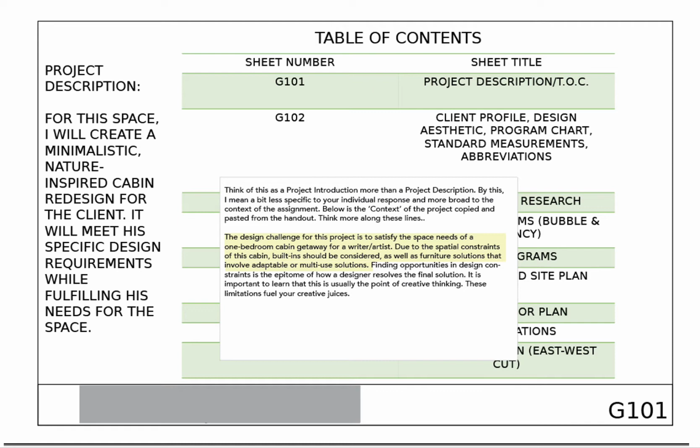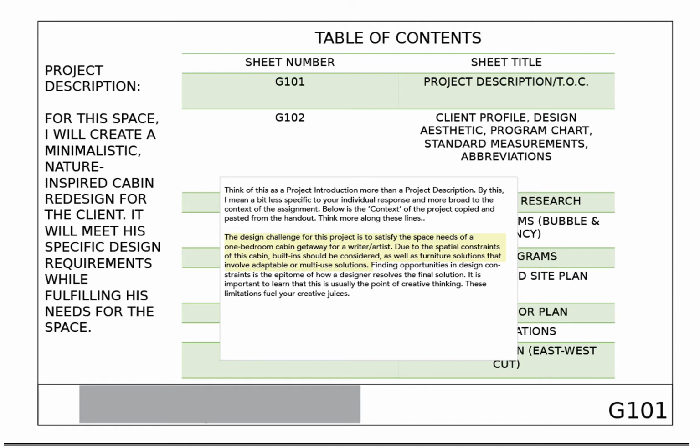And so this is less specific than the individual project description. So instead of this being like your cabin project, the project introduction is more like, what is the project of the assignment? So it's essentially in the assignment brief, there's an area called context, and that is where a good chunk of what the project introduction could be found.